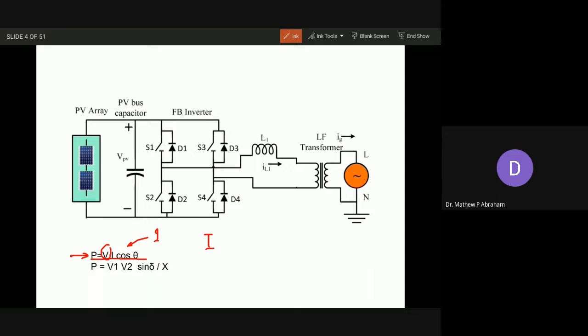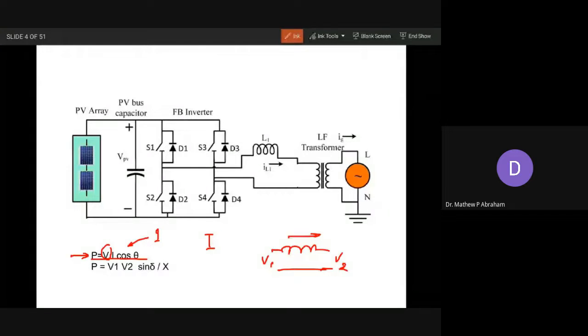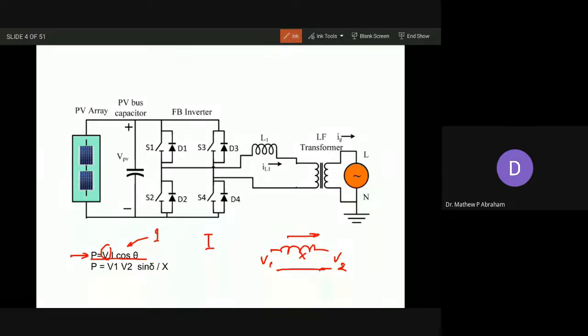Another way of thinking about the power is by using the energy transfer equation. If we have voltage V1 here, V2 here, then the power transferred from V1 to V2 is nothing but V1 into V2 into sine delta divided by the impedance, the reactive impedance of the inductor.